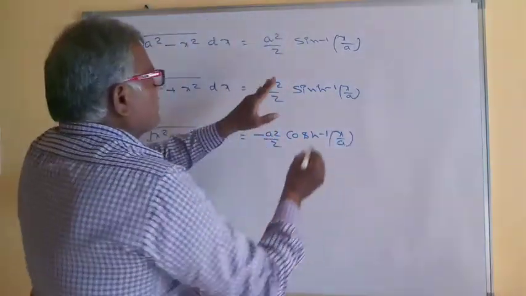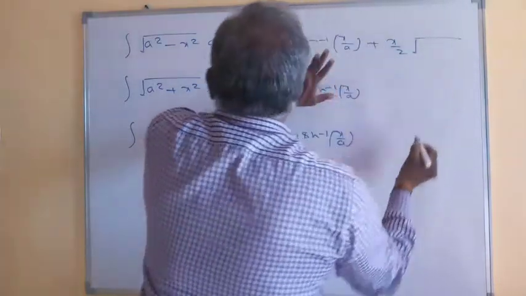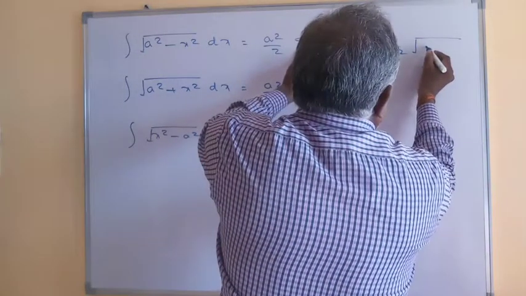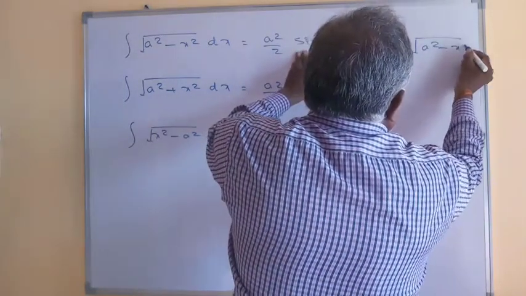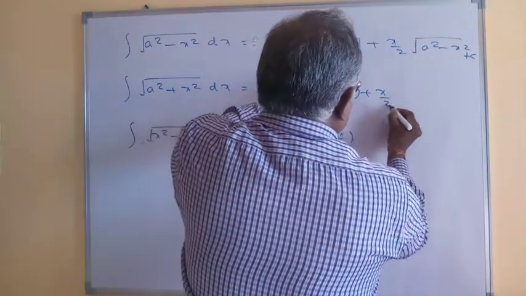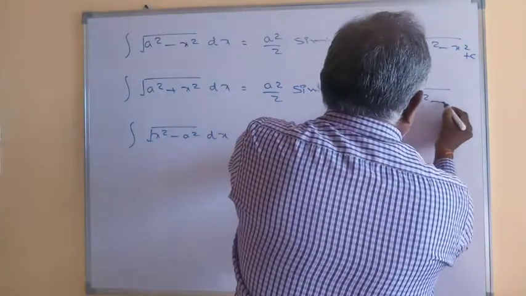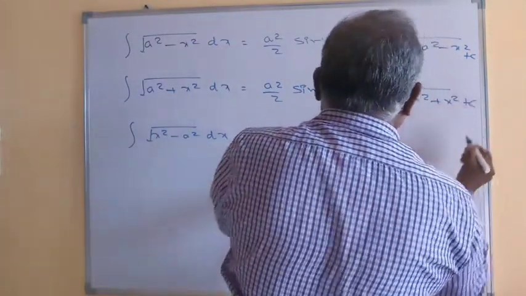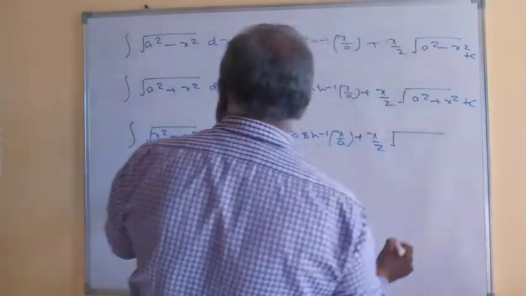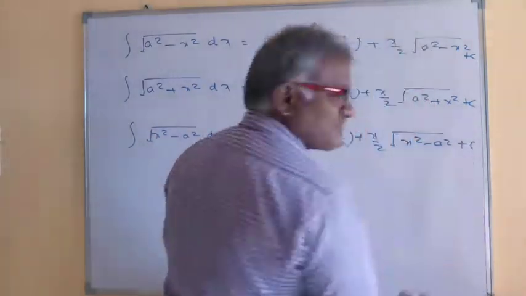For the remaining part it is the same: x by 2 into root of the same function. Here x by 2 into root of a square minus x square; here x by 2 into root of a square plus x square plus c; here x by 2 root of x square minus a square plus c.